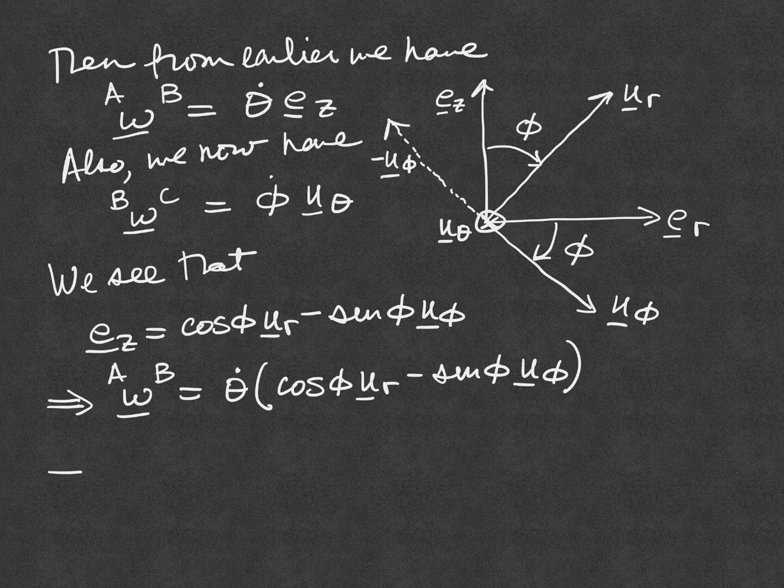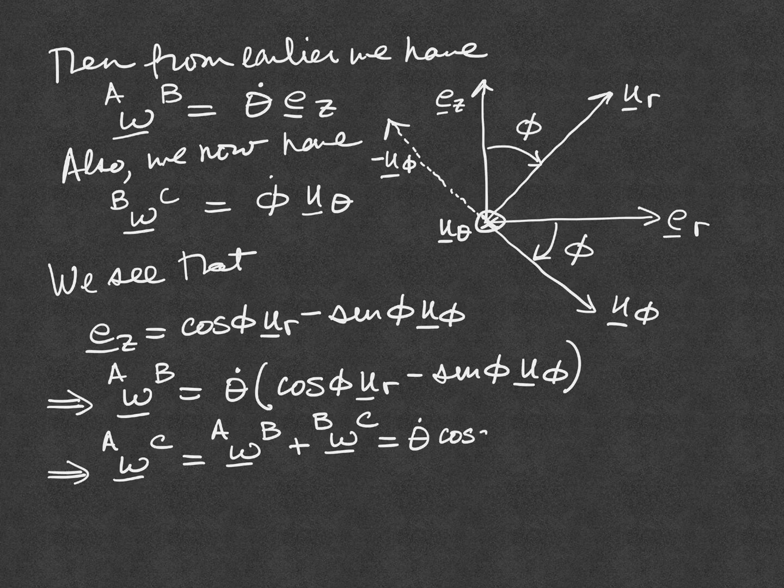This then implies that the angular velocity of C in A, which is equal to the angular velocity of B in A plus the angular velocity of C in B, is going to equal the sum of these two expressions, which is theta dot cosine of phi UR minus the sine of phi U phi, and then plus phi dot times U sub theta.